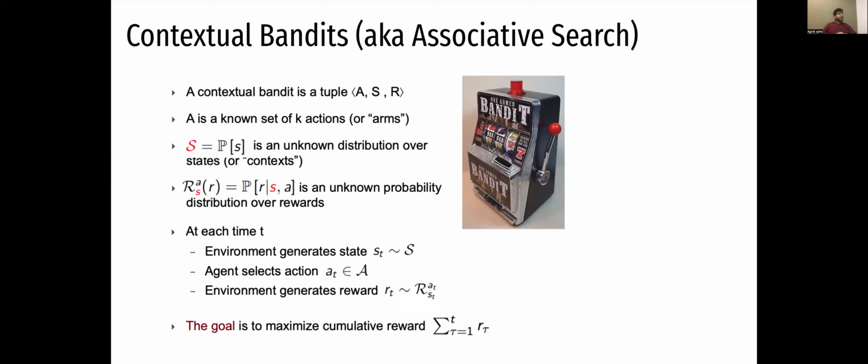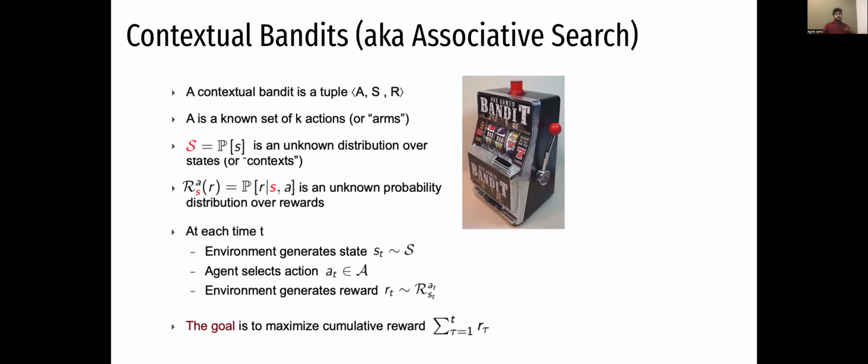The action is the different choices available to the agent, like pulling an arm, and each action can have a different expected reward depending on the context. And the rewards are the feedback received from the environment after taking an action. So the key concepts are context, action, and reward.